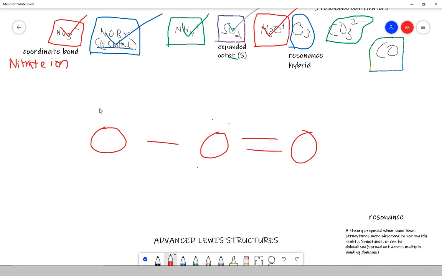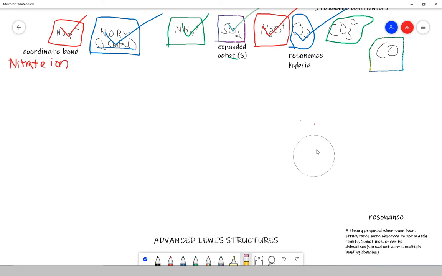Obviously this should have 18 electrons. Let's see if we've completed all these octets. So we did. Now let's count our electrons: 2, 4, 6, 8, 10, 12, 14, 16, 18. So this should be the right Lewis structure for this one. Let's check that off. I used the wrong color, but it's fine.